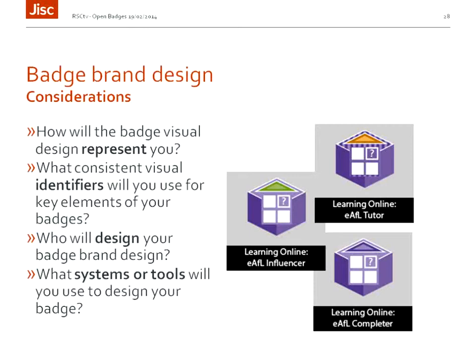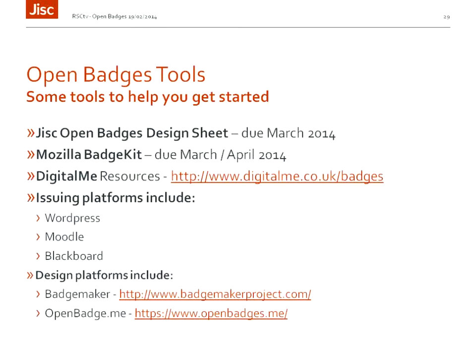Obviously, other things to think about are who will design your badge brand design, and what systems or tools you might use to design your badge. I've used Adobe Illustrator for the badges that we've developed, but there are also online platforms as well that you can use to create badges, using basic badge design shapes and building up badges online.